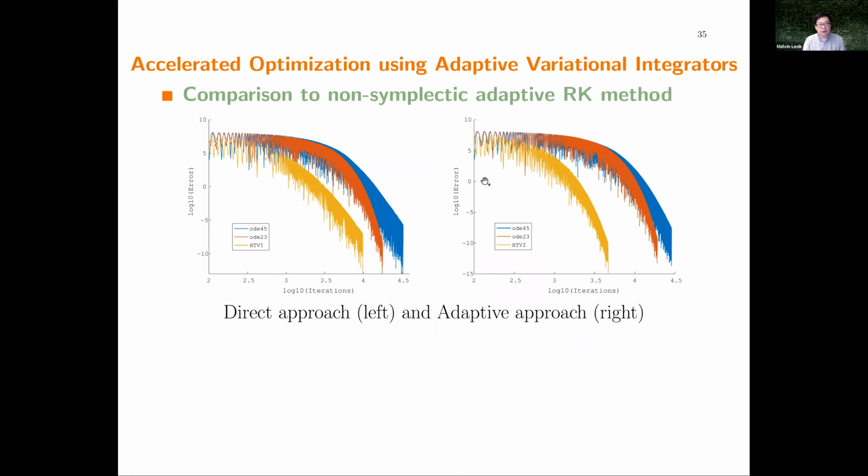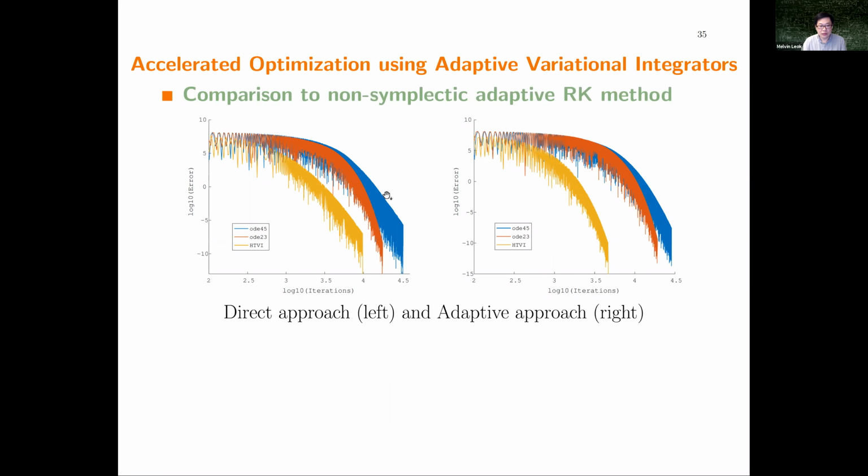And you can compare it to non-symplectic adaptive methods, like standard ODE45 or ODE23 in MATLAB, and you'll see that these variational integrators seem to do a better job here. Okay, so the left one is the direct approach, and the right side is the adaptive approach.